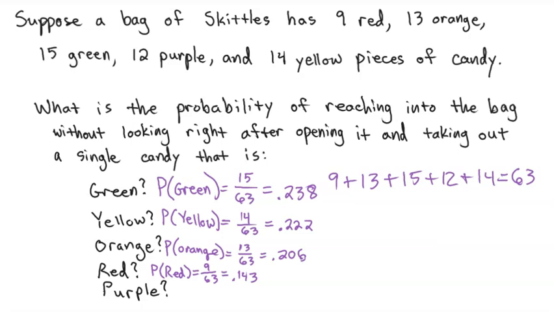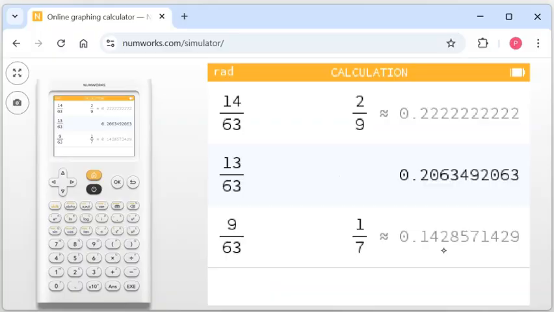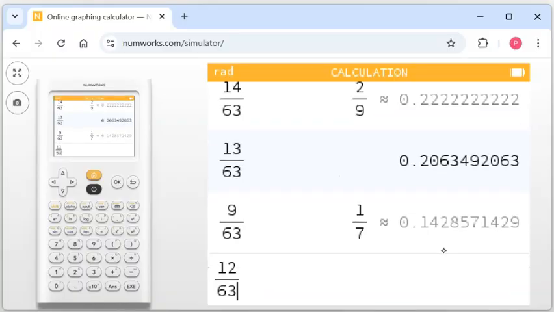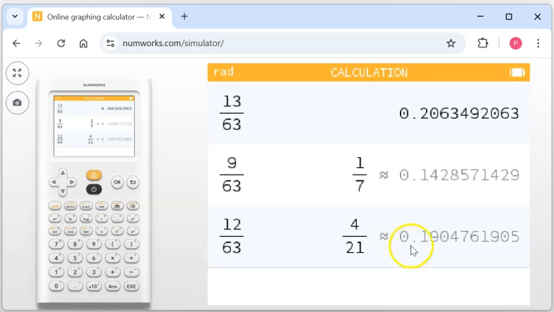And lastly, the probability of a purple candy: there were 12 purple, so 12 out of 63, and that's 0.190. There's a 4 here, so the 4 is not going to move the 0 up to a 1, so it's 0.190, but we could just write 0.19.